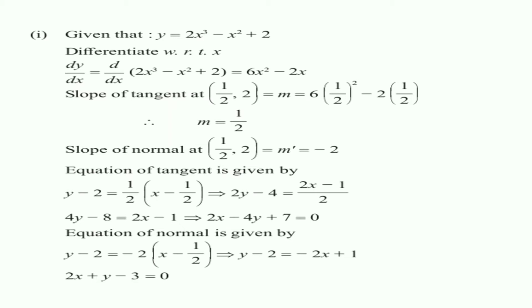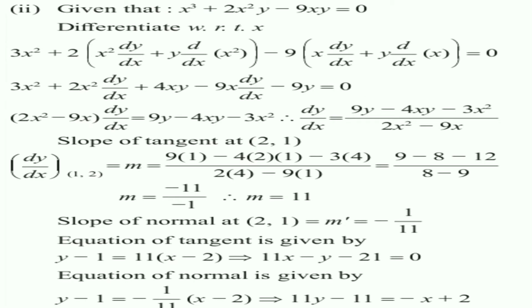Equation of normal is given by y minus 2 equals minus 2 into (x minus 1/2), which implies y minus 2 equals minus 2x plus 1. Hence, 2x plus y minus 3 equals 0 is the solution.